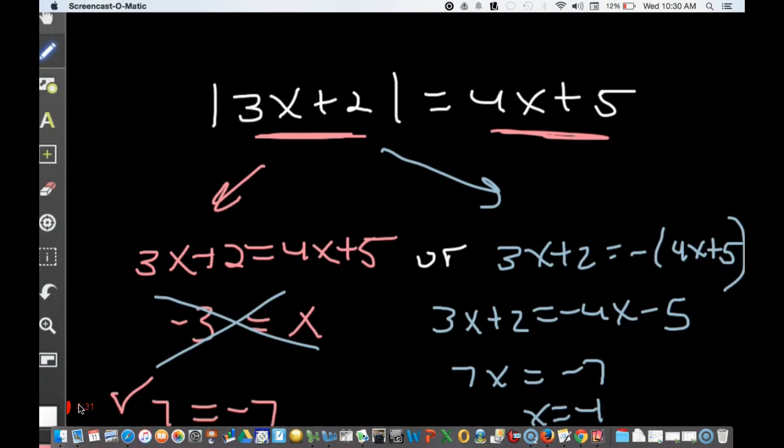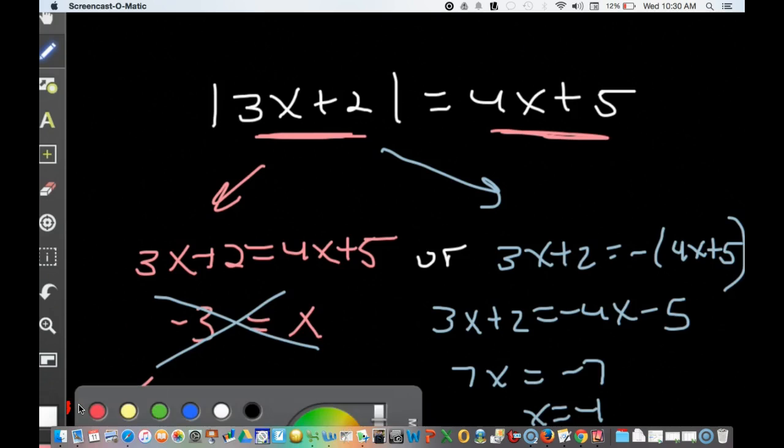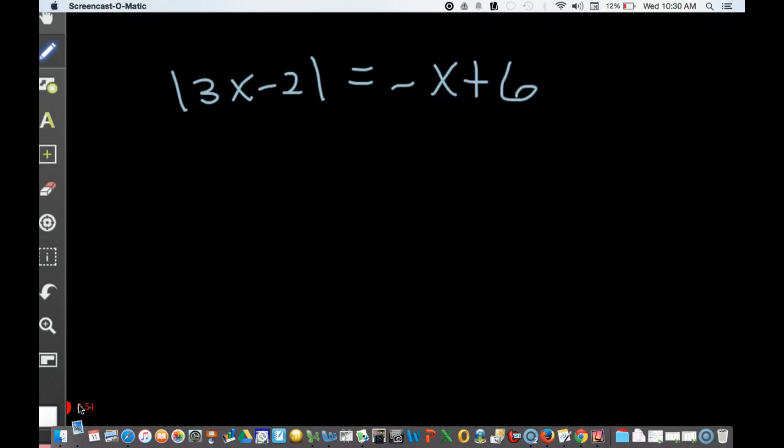Okay, one more example before you try some on your own. Here goes. Let's do the absolute value of 3x minus 2 equals negative x plus 6.